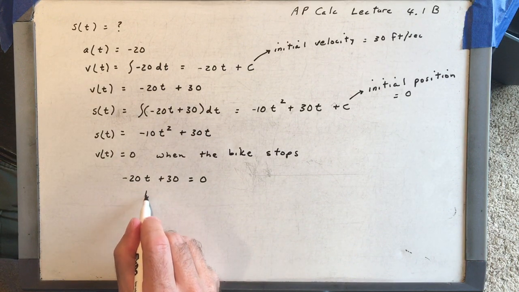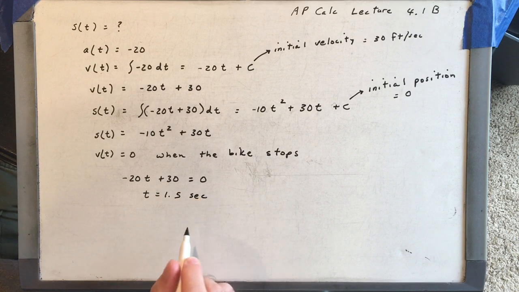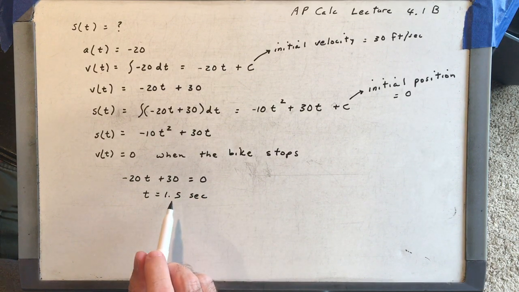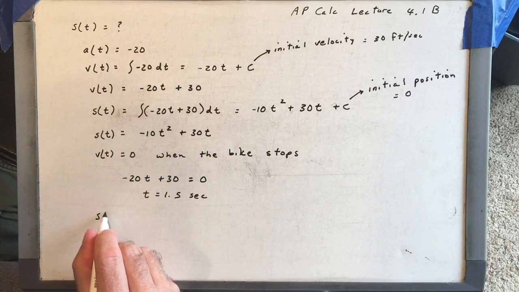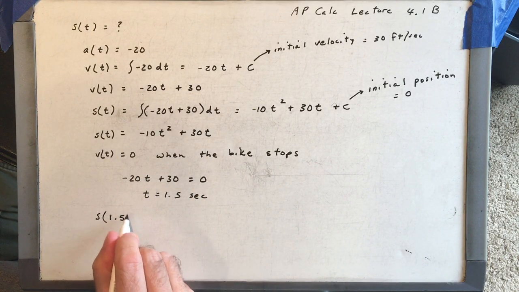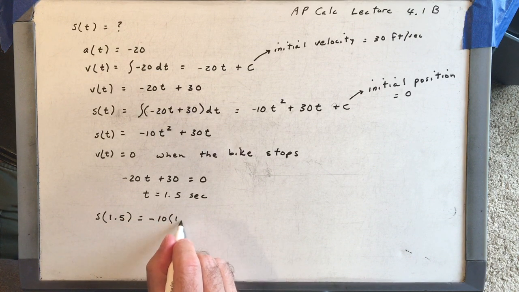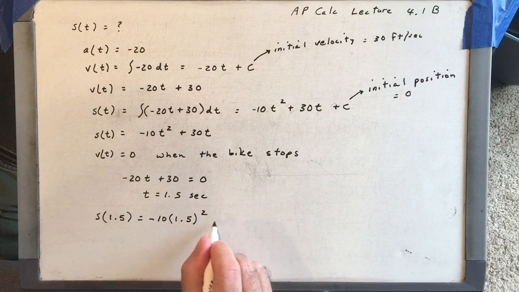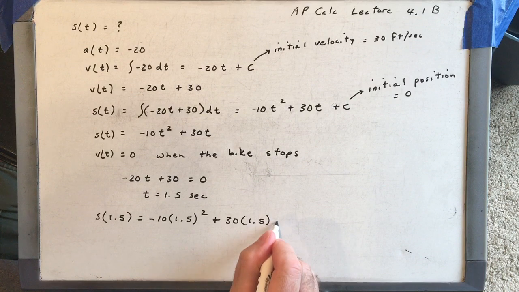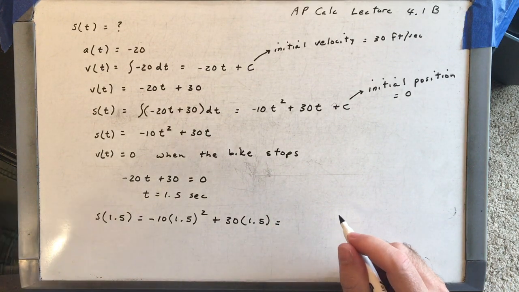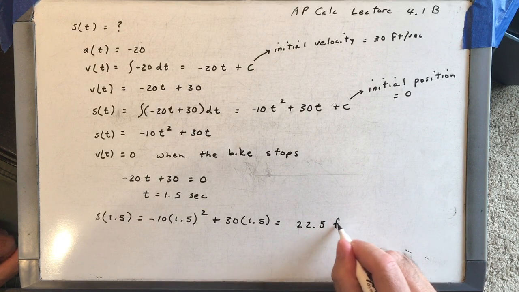So if you solve for t, t is going to be 1.5 seconds. All right, so how could I get the position of the bike after 1.5 seconds? Let's just find S of 1.5. It's going to be minus 10 times 1.5 squared plus 30 times 1.5. And that is 22.5 feet.